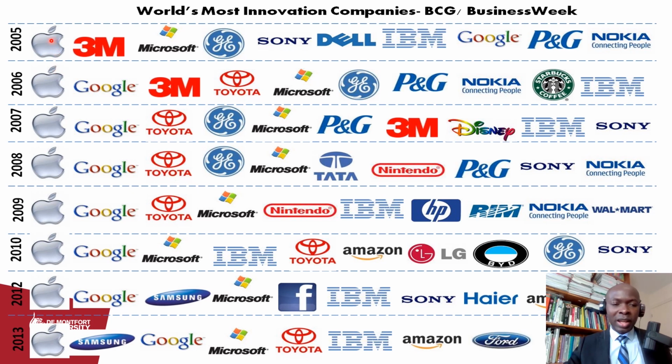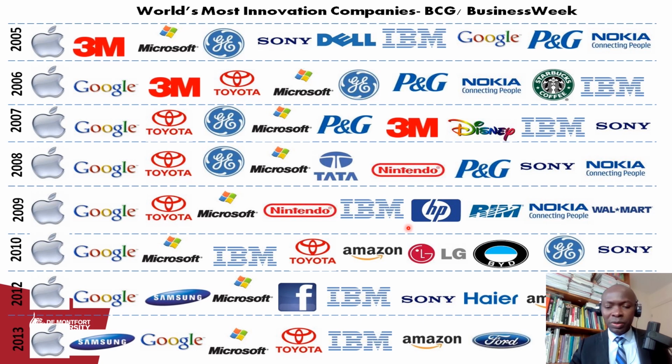You find companies like Apple, which is consistent in this particular list. You find companies like Google, 3M, Microsoft, Toyota, P&G, Tata, IBM, Amazon, Facebook, and Disney, for example, Walmart, Dell, Sony, for example.